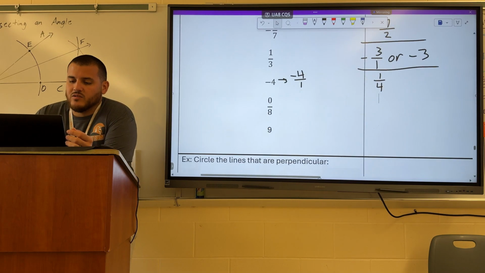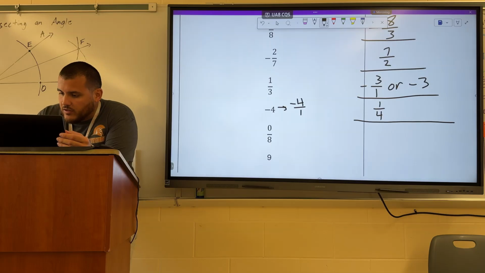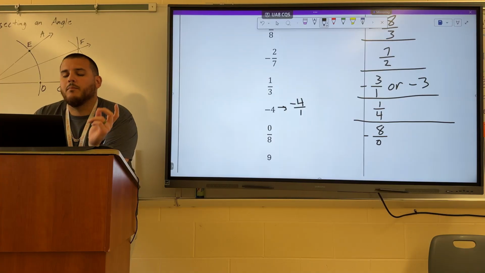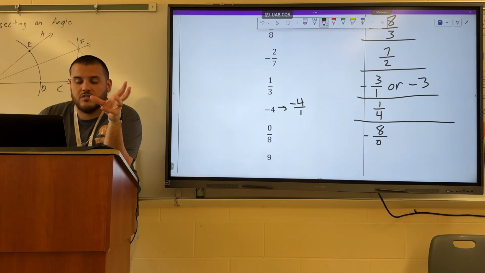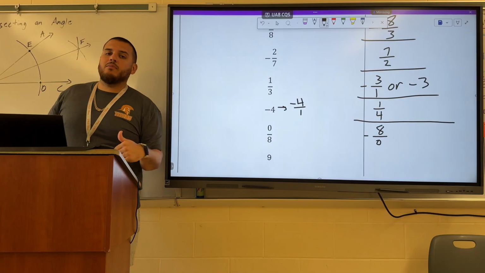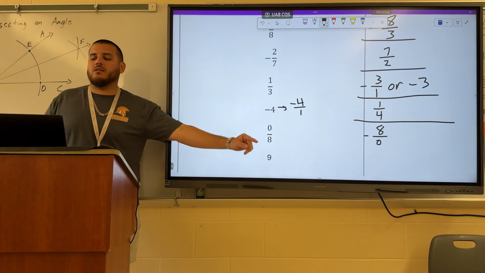All right. The next one's a little tricky. 0/8. Okay. Flip first. 8/0. Sign change is positive here, so it's going to be negative over here. But we need to be careful because if we divide a number by 0, there's a very specific result to that scenario. Now, 0 divided by a number, like here, would always give us the value of 0. It wouldn't matter what number is on the bottom here.